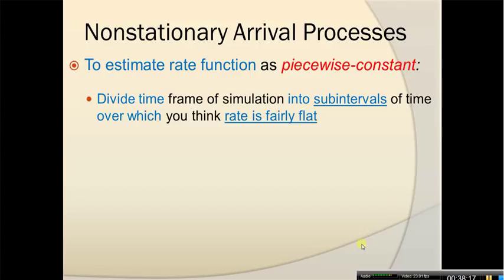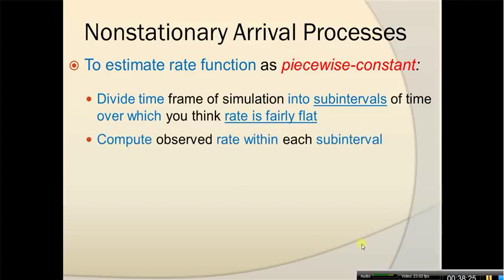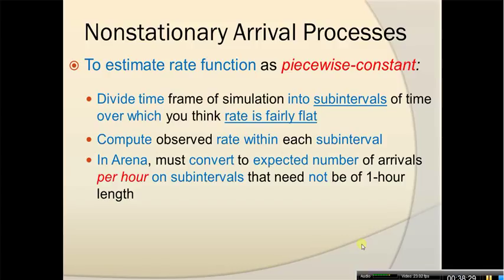We divide the time frame of the simulation into sub-intervals of time over which you think that the rate is fairly flat. And then we compute the observed rate within each subinterval. In Arena, you must convert to the expected number of arrivals per hour on subintervals that need not be 1 hour in length.